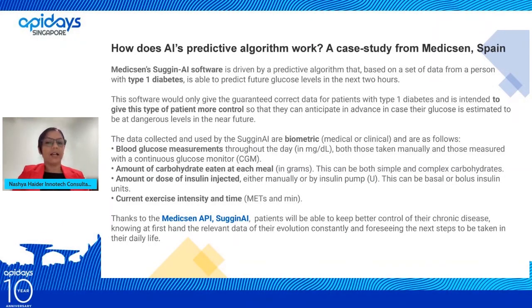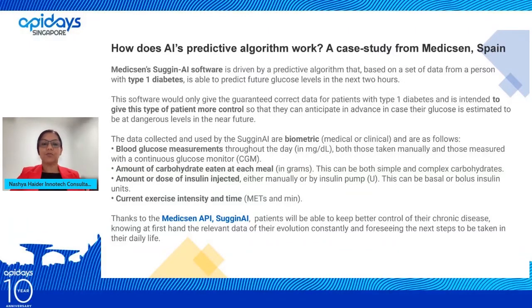I'd like to just highlight this by showing a case study briefly from Spain. There's a company called Medexin in Spain who have recently developed AI software, and it's driven by predictive algorithms, and the software is based on a set of data from persons with type 1 diabetes, and it helps to predict future glucose levels amongst the patients in the next 2 hours.